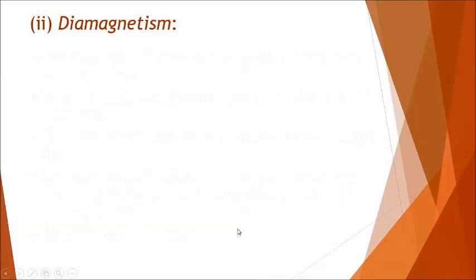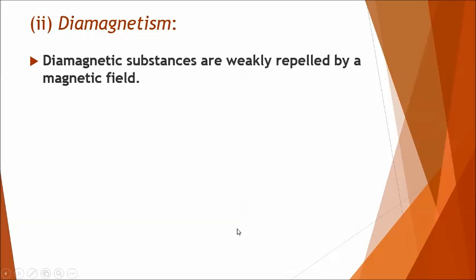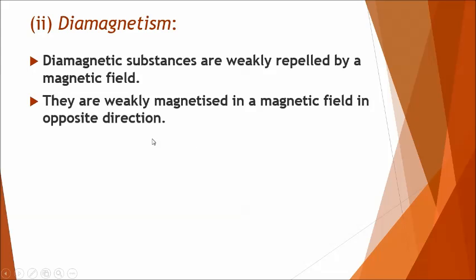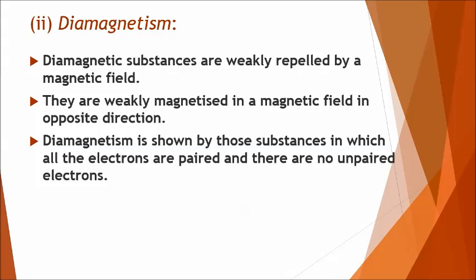Next is diamagnetism. These are substances which are weakly repelled by a magnetic field, and they are weakly magnetized in a magnetic field in the opposite direction. It is shown by substances in which all the electrons are paired and there are no unpaired electrons.